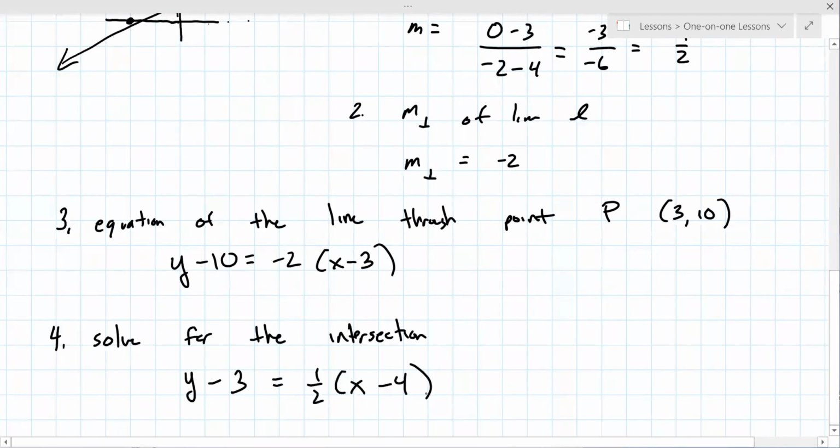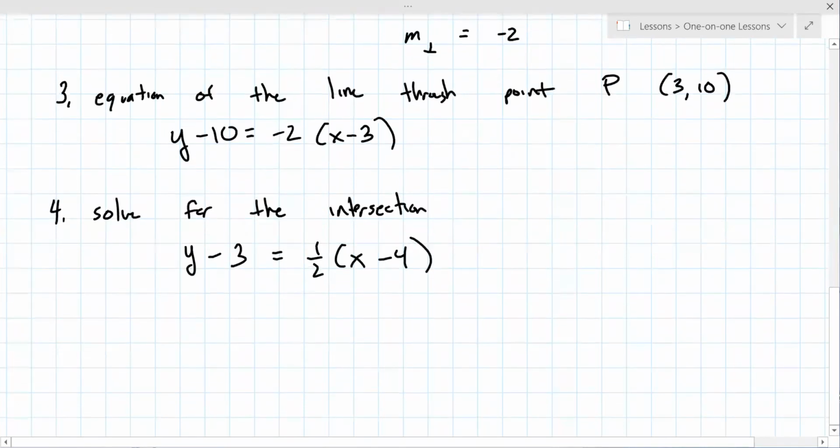So you're finding the intersection of these two lines. The reason is so that you can use the distance formula to find the shortest distance. These are the same steps for every one of these problems, so my guess is this is why this was such a challenging problem for you.